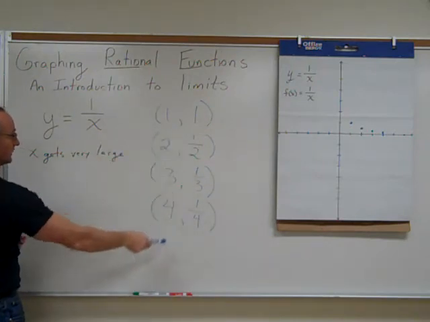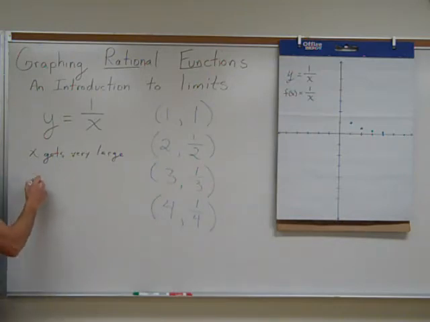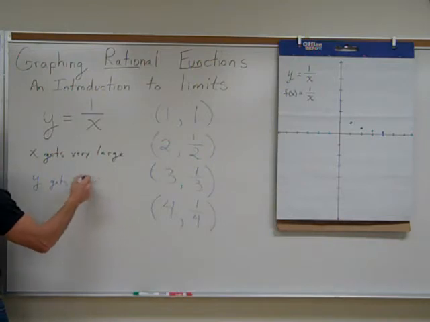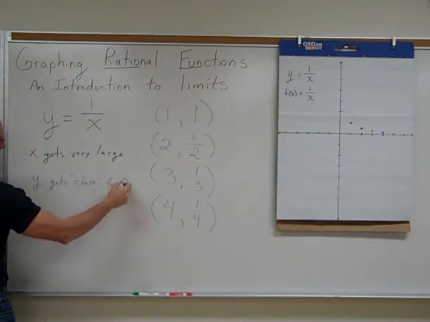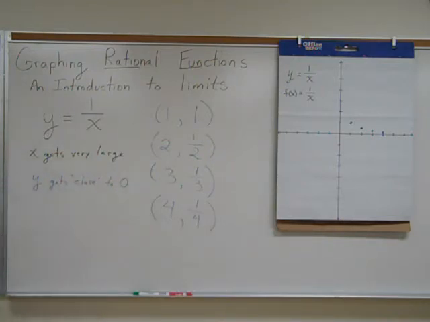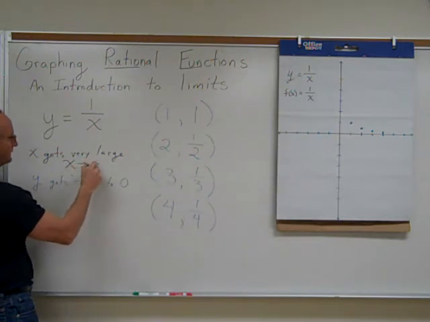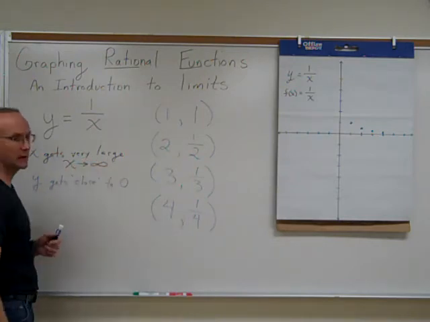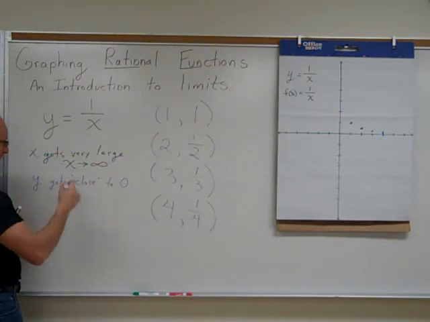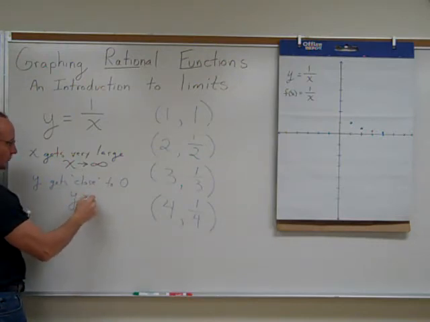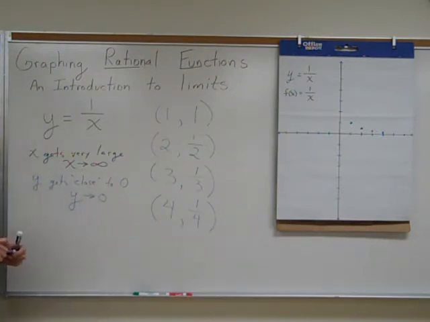These decimals are getting smaller and smaller. The way that we write this in mathematical notation is we say that as x approaches positive infinity, as it gets very, very large, y approaches 0.